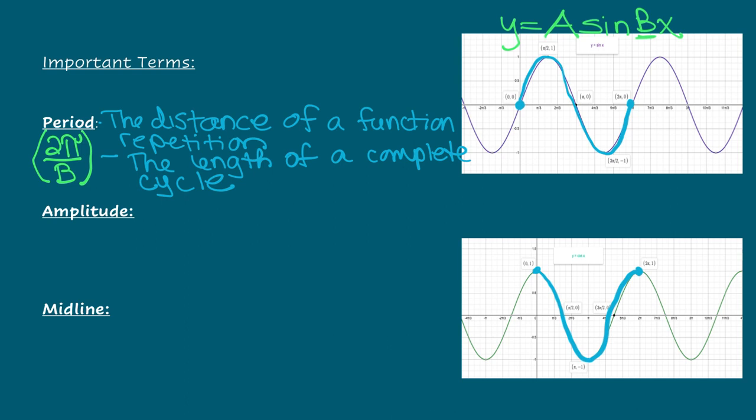Okay, so our amplitude is going to be how high we are here and how low we are here. Let me get this on the graph. So amplitude is going to be the distance from midline to peak or valley.